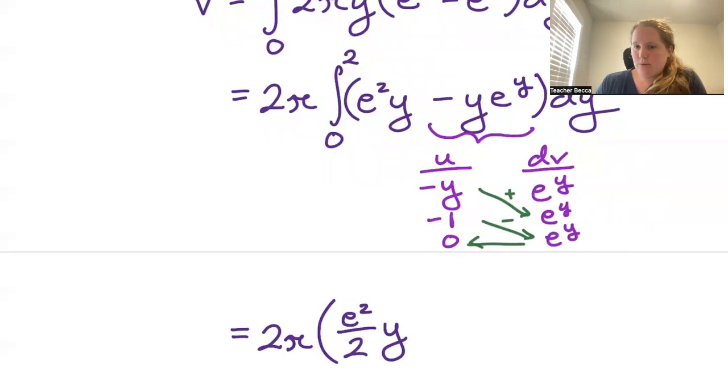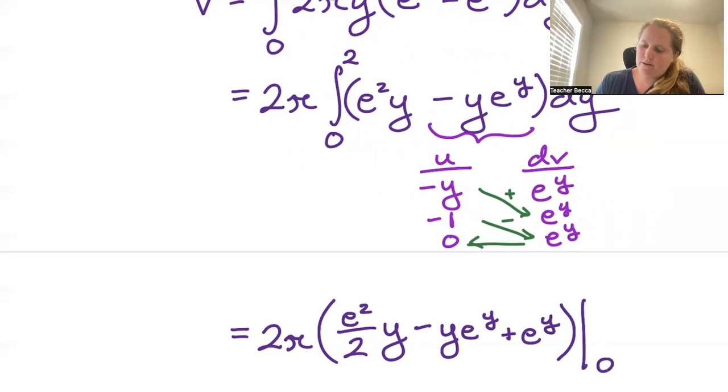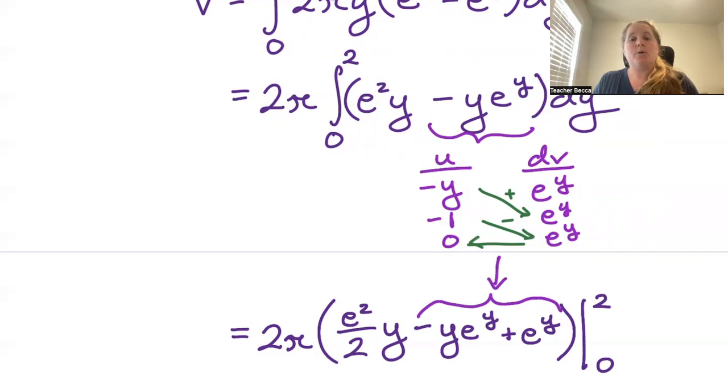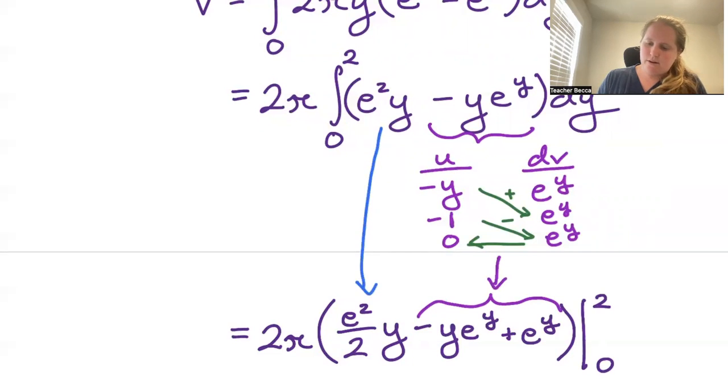Then we will have minus y e to the y plus e to the y, evaluated at 0 and 2. That minus y e to the y plus e to the y is my integration by parts.